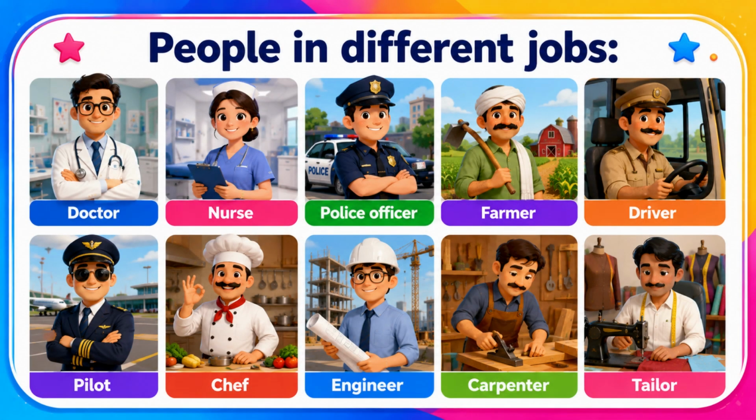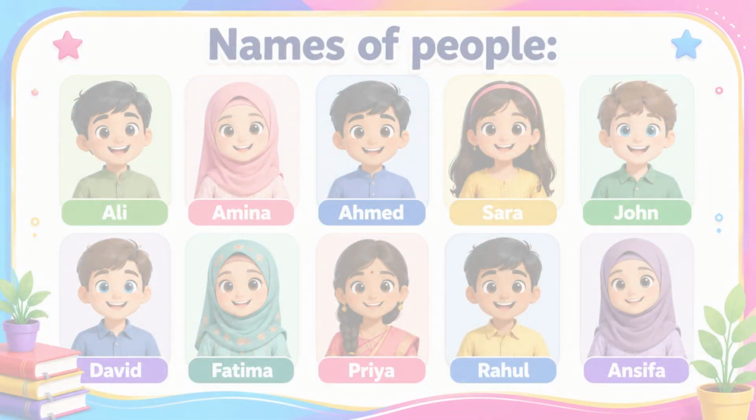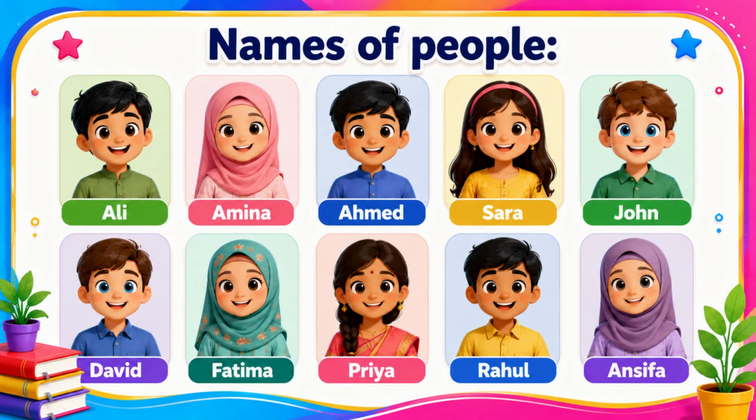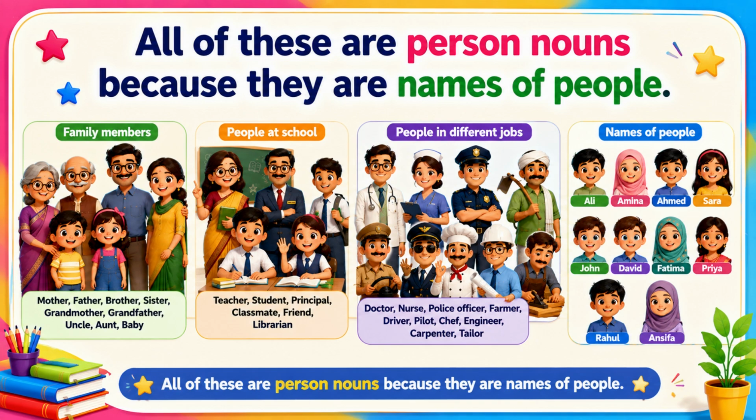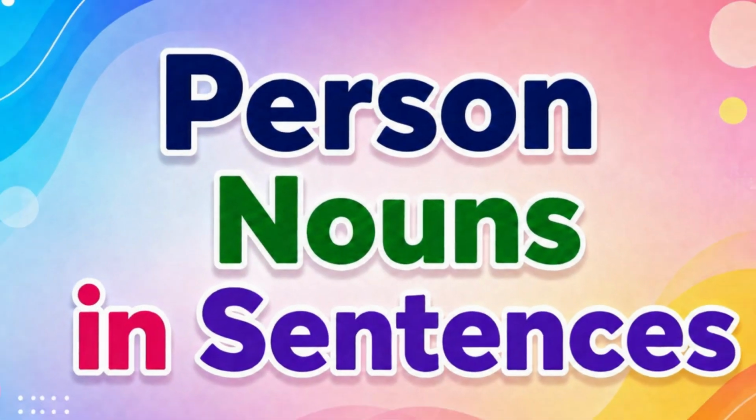People in different jobs: doctor, nurse, police officer, farmer, driver, pilot, chef, engineer, carpenter, tailor. Names of people: Ali, Amina, Ahmad, Sarah, John, David, Fatima, Priya, Rahul, Ansifa. All of these are person nouns because they are names of people.